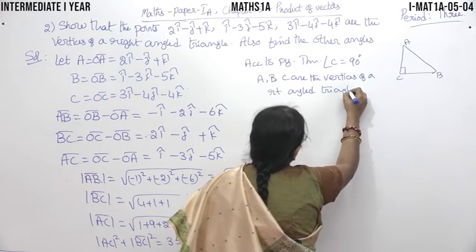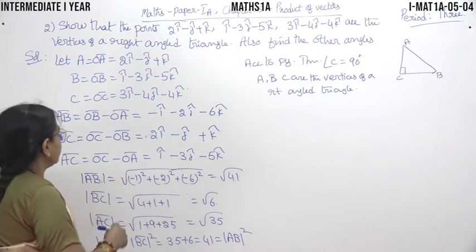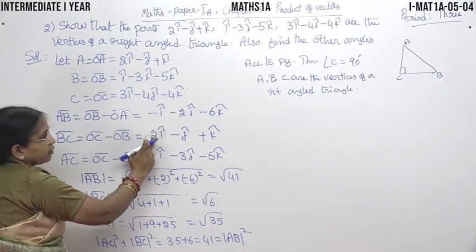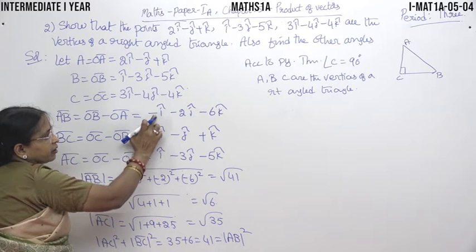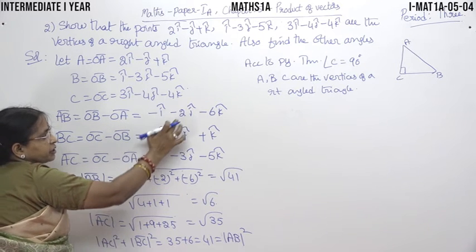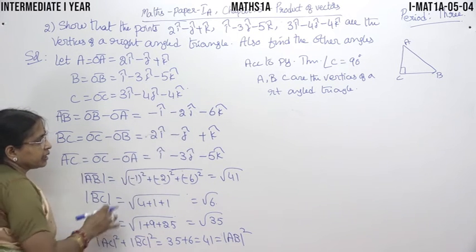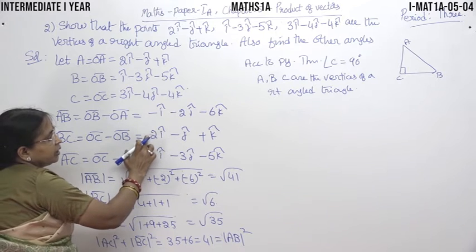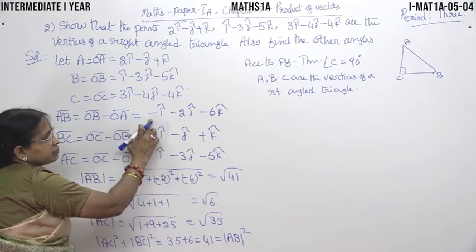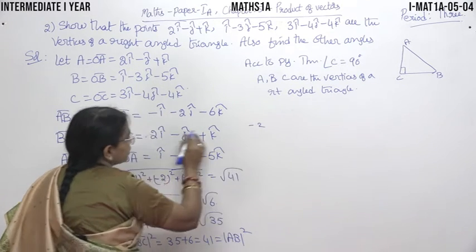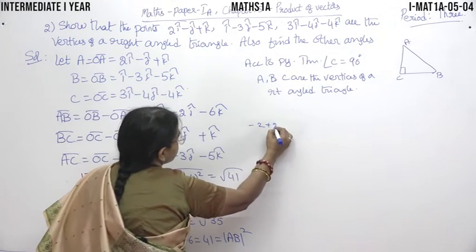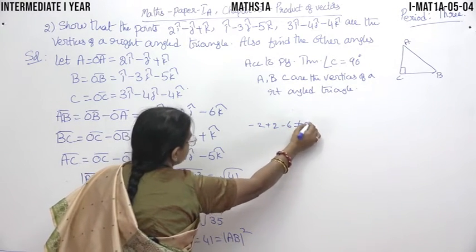So you can conclude like this. Or you can also take the dot product. Dot product is just a product of the i coefficients, j coefficients, k coefficients. So if you see, it is 2 into minus 1 is minus 2, and then plus 2 plus minus 6. This is not equal to 0.